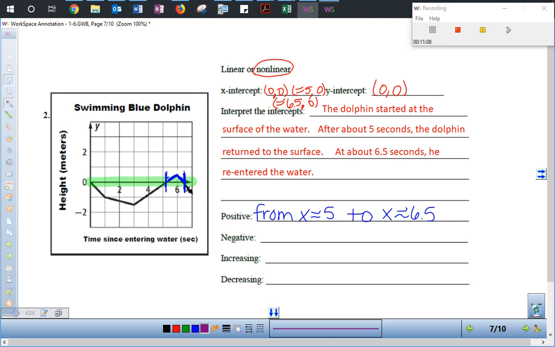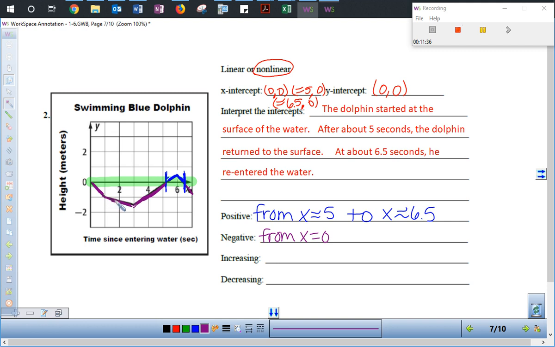Now my graph is negative when it is below the x-axis. So here the x-axis is in green. It's negative when it's below. So it starts being negative there, and here it's still below, and here it's going up, but it's still below the x-axis. And then even over here a little bit, it's below the x-axis. So we've got quite a bit of negative graph here. So we're going to say that it starts being negative at x equals 0, right when we started.